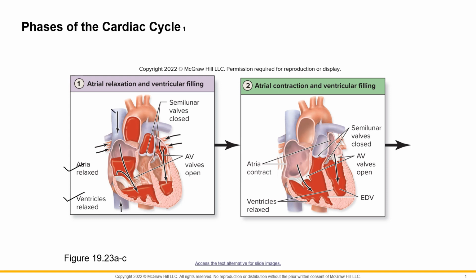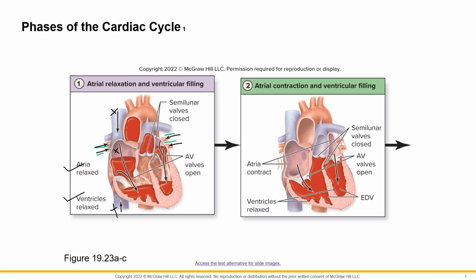Now, this vessel here is your superior vena cava. This vessel is your inferior vena cava. They are both bringing deoxygenated blood from all of your tissues and putting it right here in the right atrium. Meanwhile, these four vessels, 1, 2, 3, and 4, are bringing in oxygenated blood.